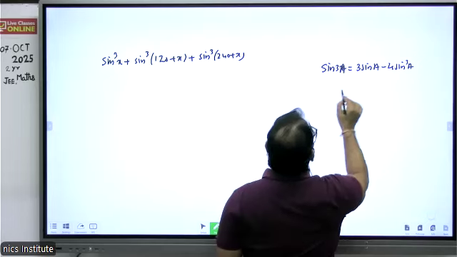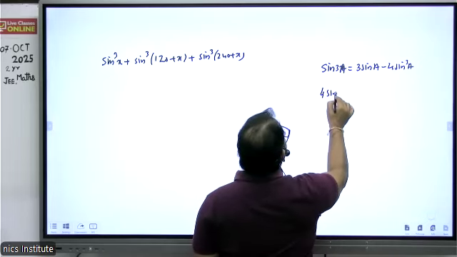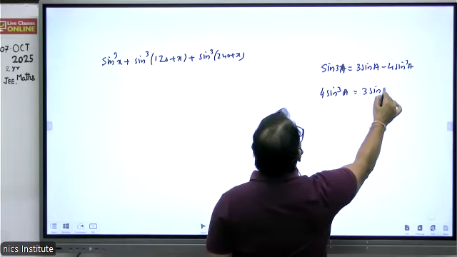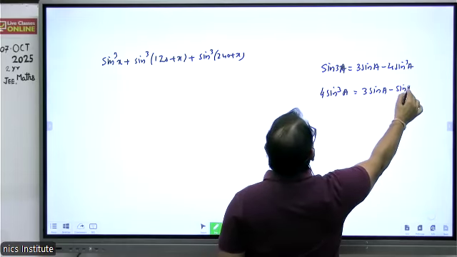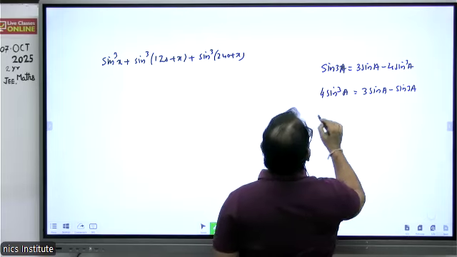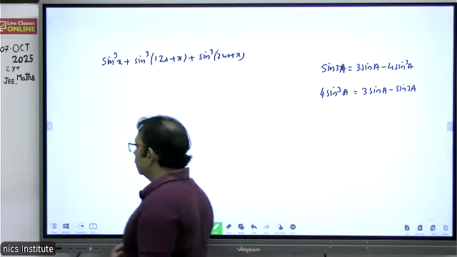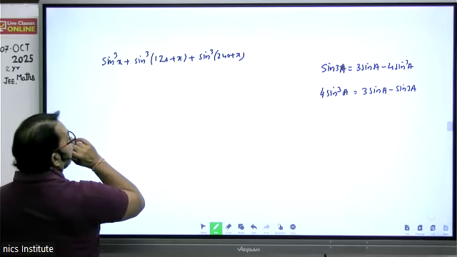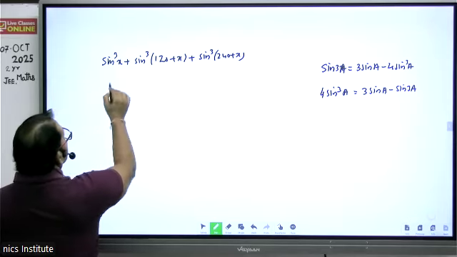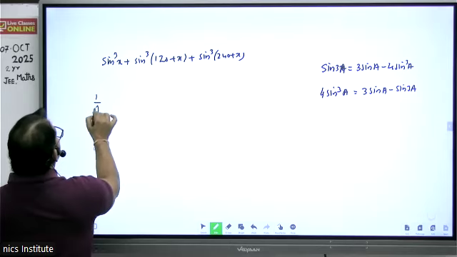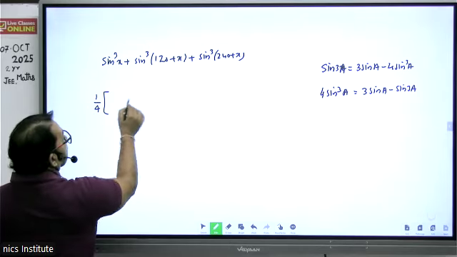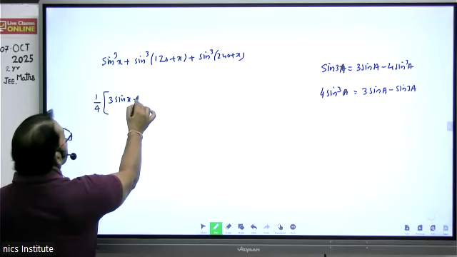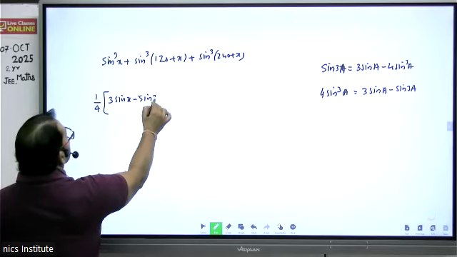So I can use 4 sin cube a is equal to 3 sin a minus sin 3a, and then you can bring 4 in the denominator. So either we simplify all of them like this: this becomes 1 by 4 times 3 sin x minus sin 3x.